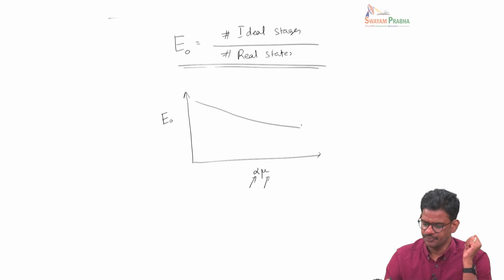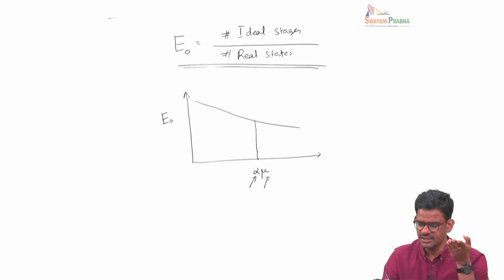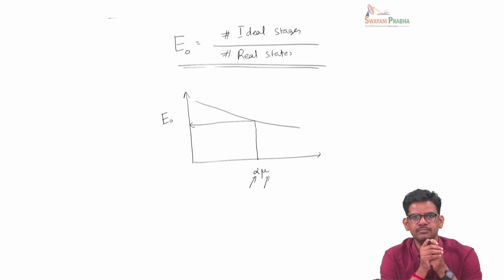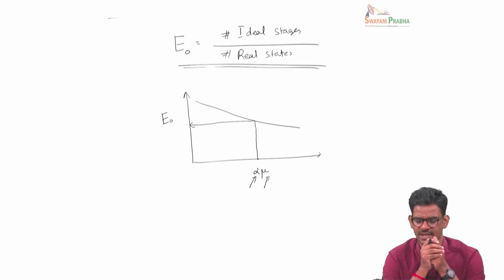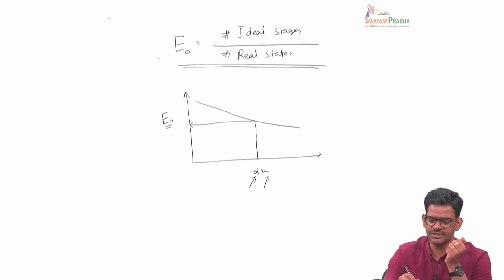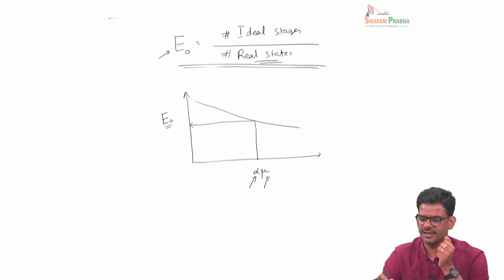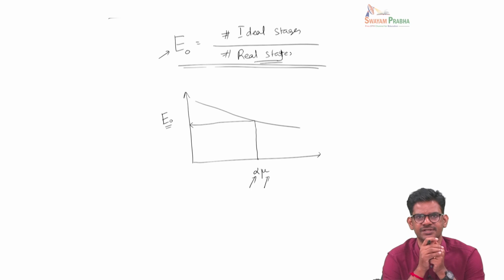We can look at the relative volatility and the liquid viscosity, and from here we can read the overall tray efficiency from empirical data sets like this. And once we know the efficiency, using this definition of overall efficiency, we can calculate the number of real stages.